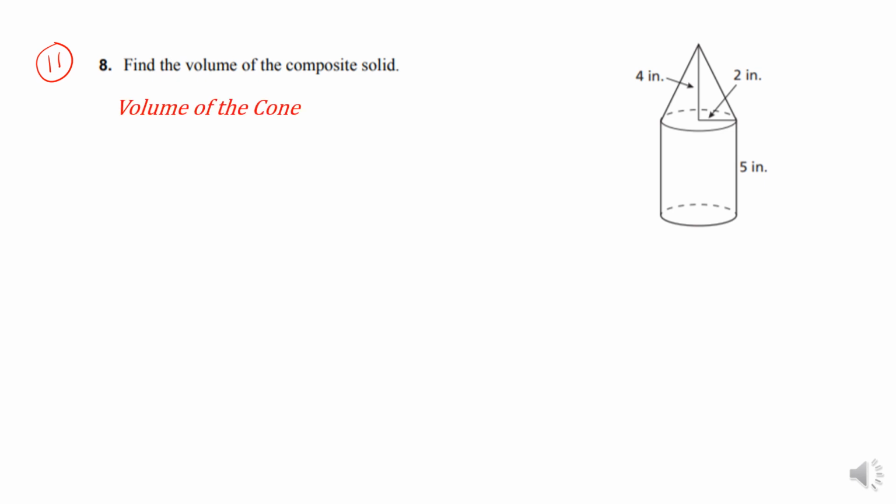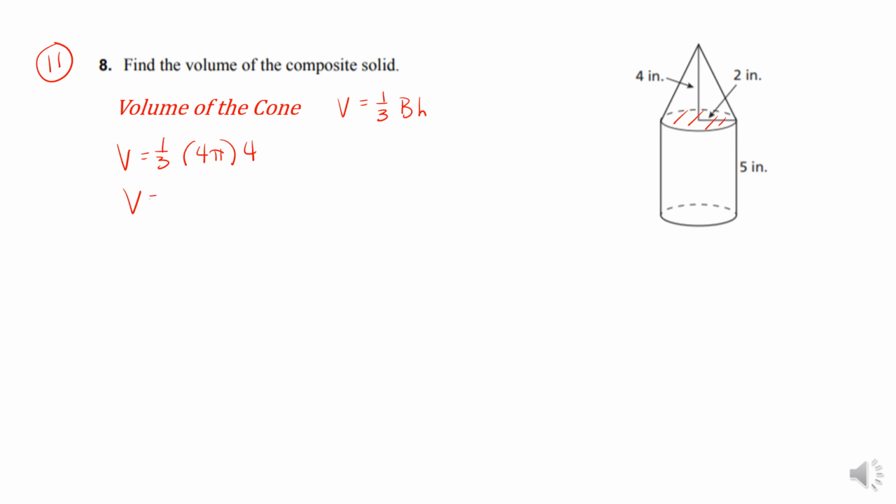Okay, first I want you to find the volume of the cone. So we know that the volume of a cone is 1/3 big B H. Big B is the base. Here's our base. So volume equals 1/3 times pi r squared, so 2 squared is 4 pi, times the height, which is 4.